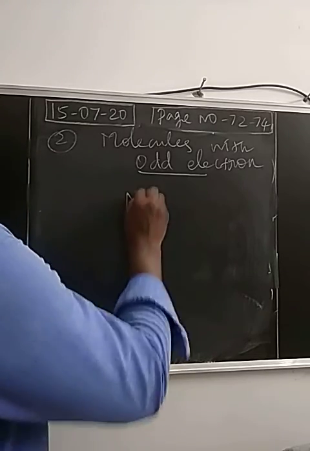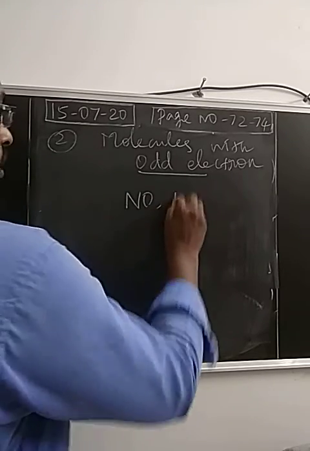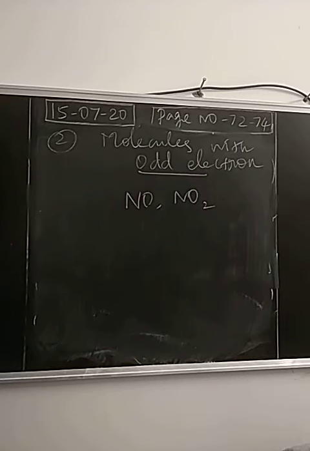Consider nitric oxide and nitrogen dioxide. These 2 molecules will not obey the octet rule due to the presence of a single, odd electron, right?